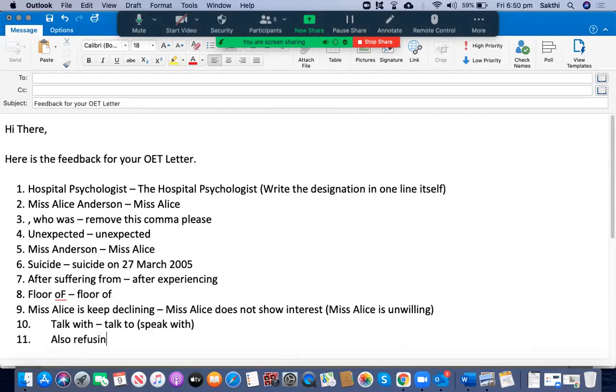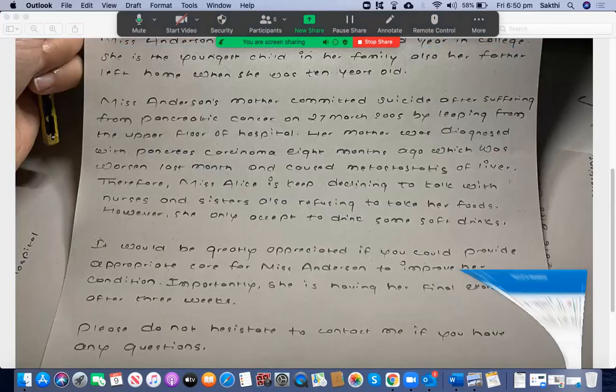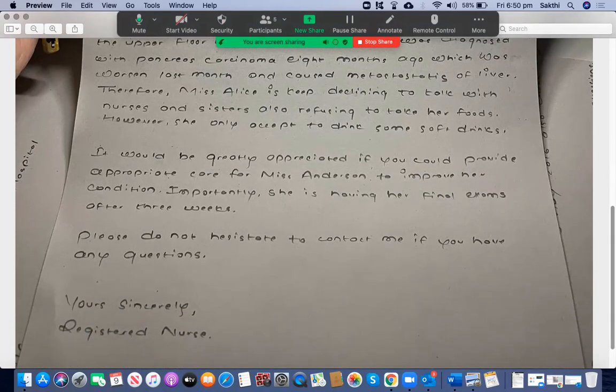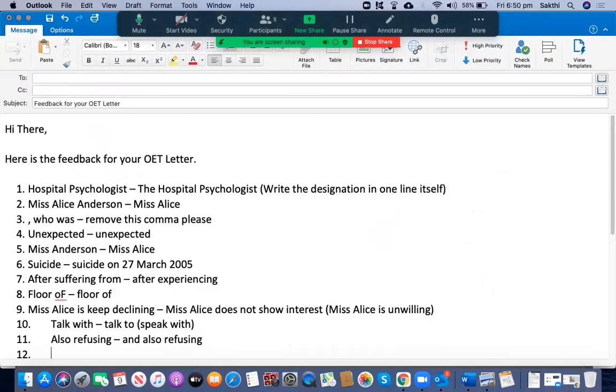When you use also refusing, you can say and also refusing. To eat foods. To take food. That's all right. However, she only accept, okay, this is wrong.